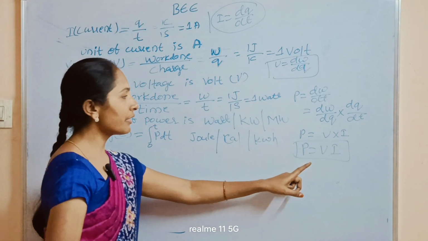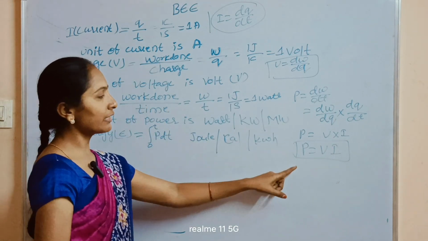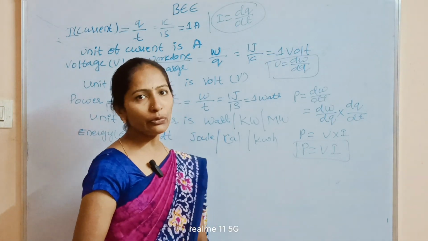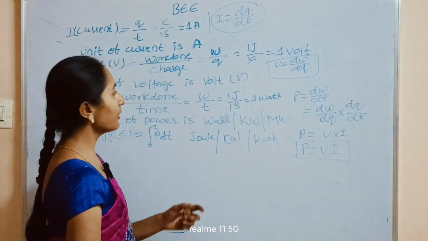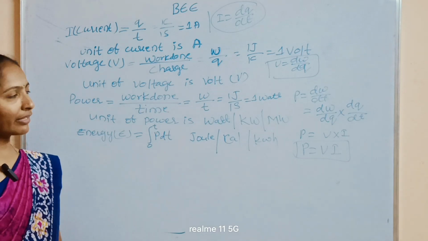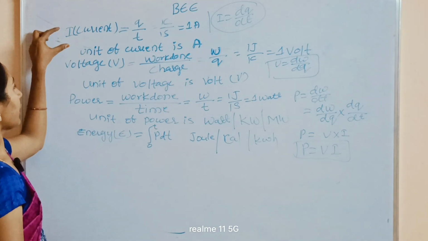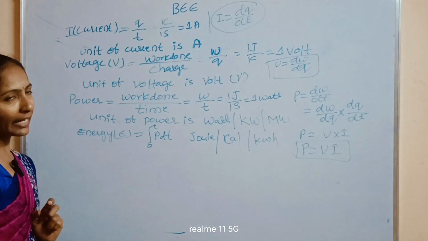The basic formula for power is work done per time, and based on that we can consider P equals V into I. The unit of power is 1 joule per second, which gives watt. So this is the basic information about current, voltage, power and energy.